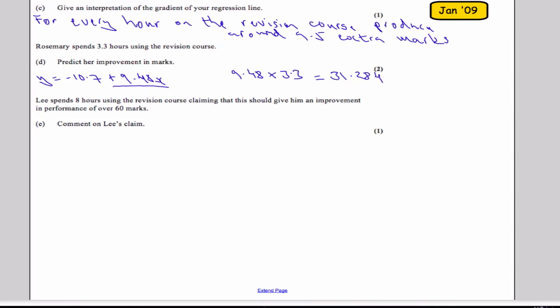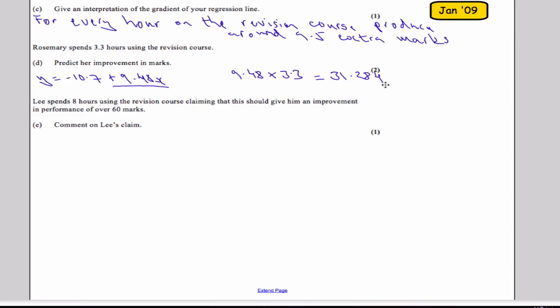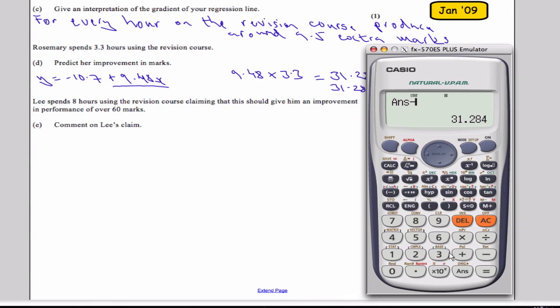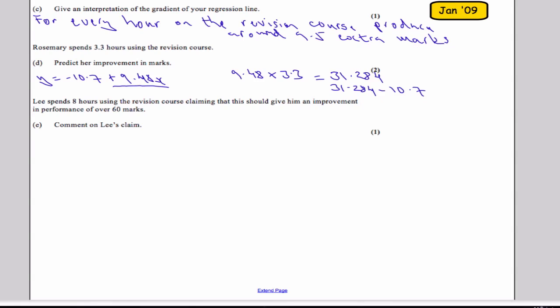So I'm going to do 31.284 and subtract away 10.7. So 31.284 minus 10.7 gives us 20.584. Let's go to three significant figures. 20.6 marks.